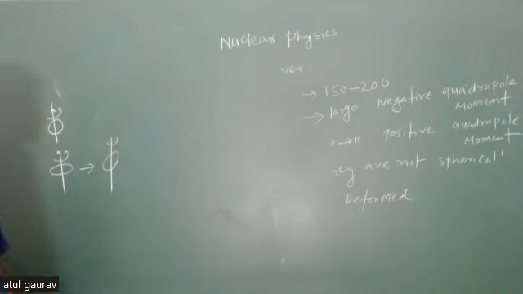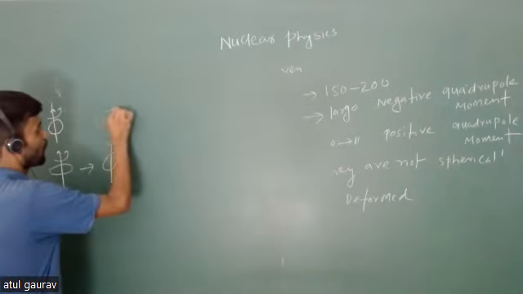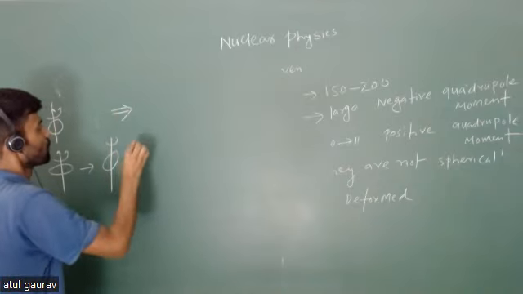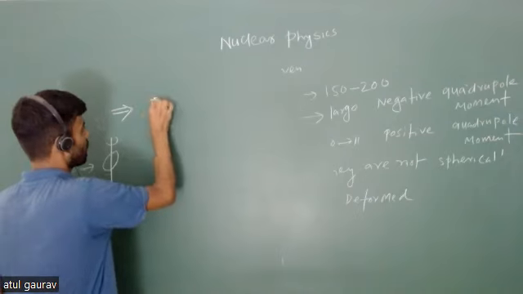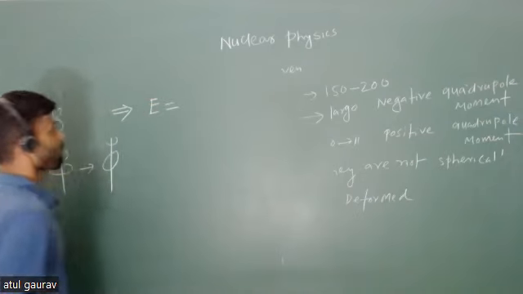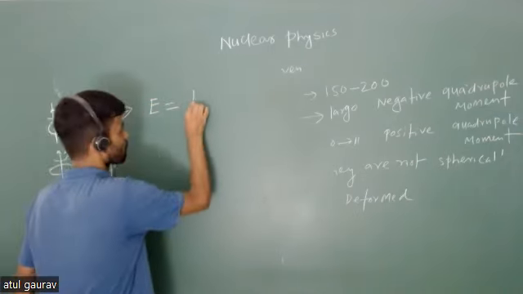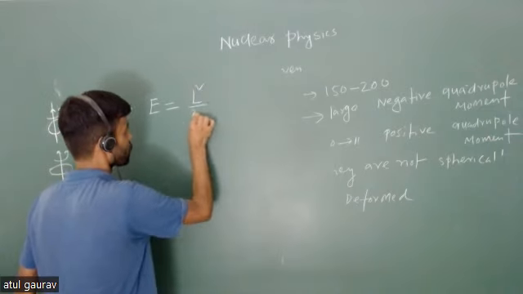According to quantum mechanics, if you are changing the configuration, different configurations will have different energy, and that energy is basically rotational energy. You know that rotational energy is written as L square by 2I, right?